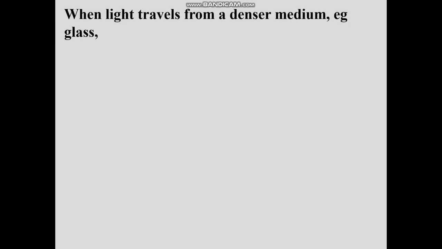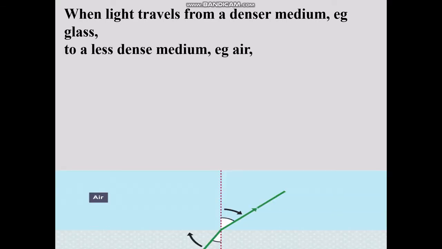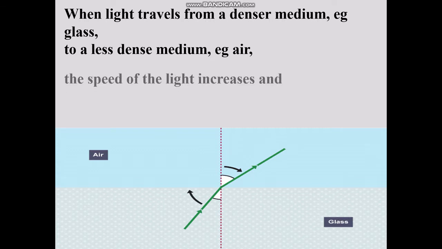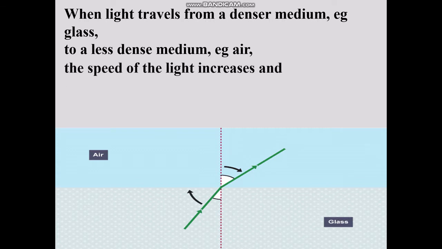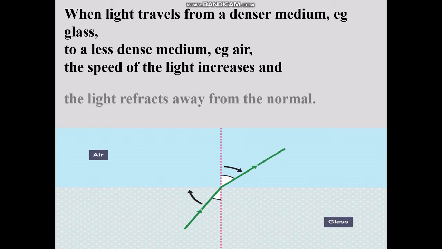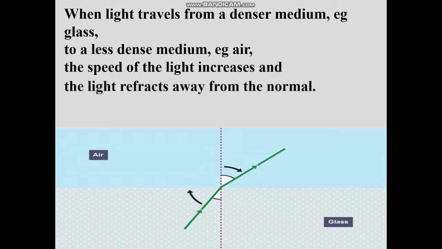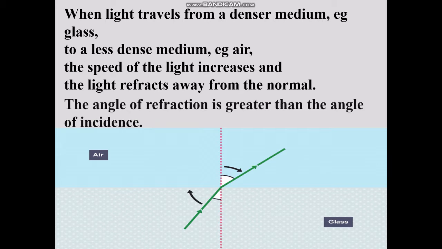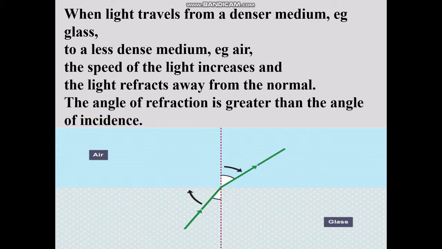Now, when light travels from a denser medium, for example glass, to a less dense medium, for example air, the speed of the light increases. The light refracts away from the normal. The angle of refraction is greater than the angle of incidence.